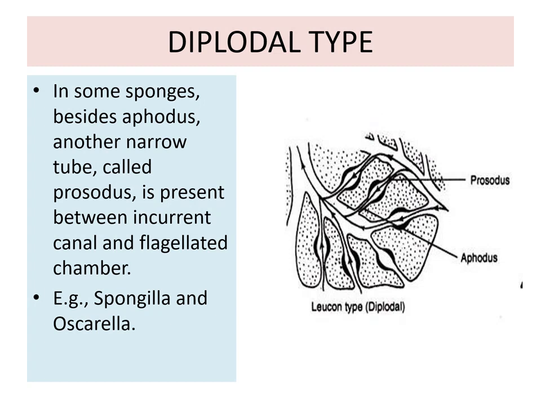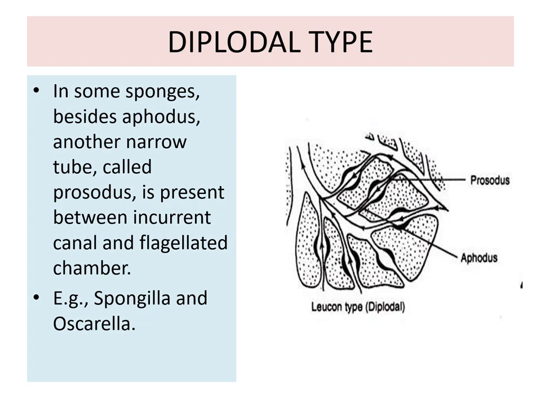The prosopyle becomes elongated to form the prosodus. From this flagellated chamber, again the water enters into the excurrent canal through a canal known as aphodus. So at both sides, instead of pores, we have got canals, right? Narrow tubes are present. The examples are Spongilla and Oscarella.